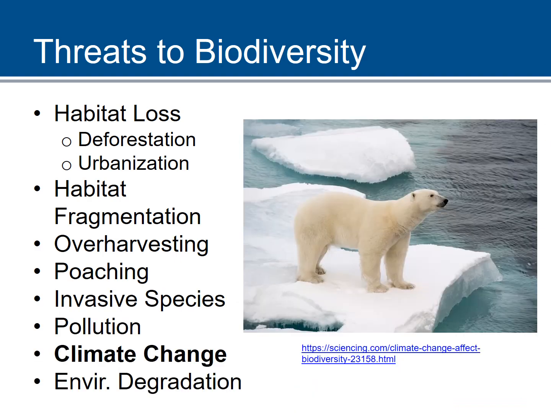Pollutants can have effects on organisms. They're a form of environmental degradation, and especially now we're mindful of the way that climate change is impacting species, such as polar bears. Their amount of habitat is going to be reduced. They rely on ice pack for hunting, so they can basically wait around the breathing holes and wait for a seal to come up, and then they can capture their prey.